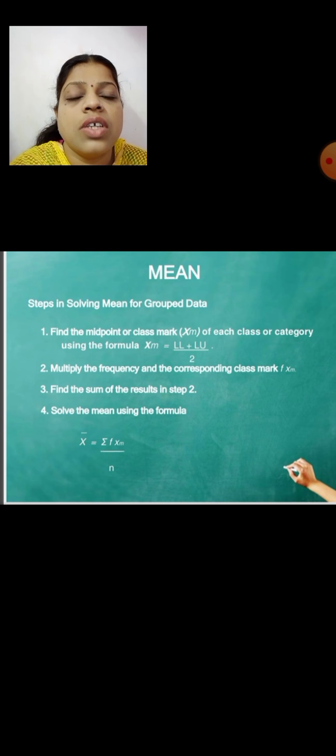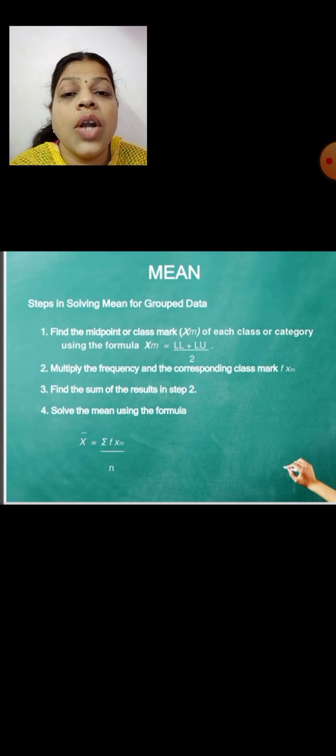Next, we will discuss the steps in solving the mean for grouped data. There is a difference between grouped data and ungrouped data. I told you that we have to find solutions for large data, isn't it?